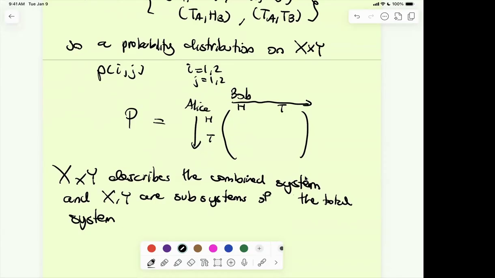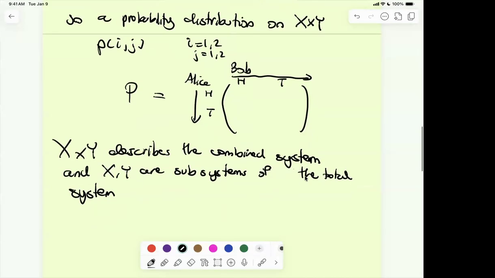For example, when you do a marginal probability, what is the marginal here? Let's do it this way.